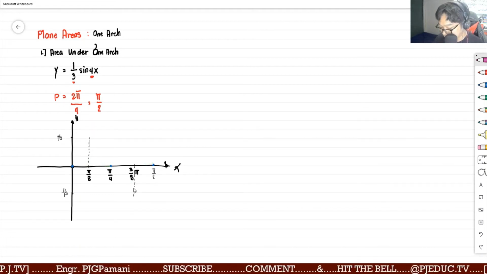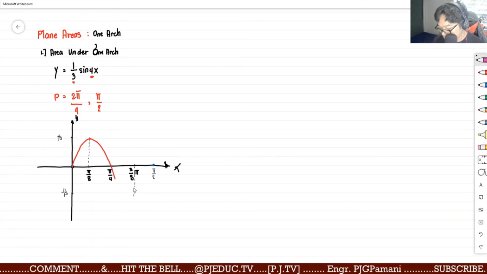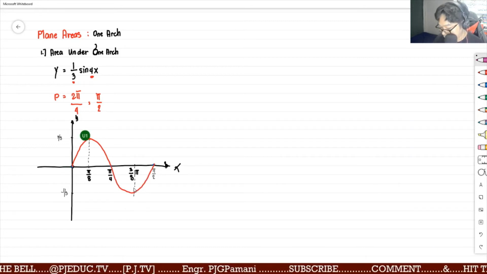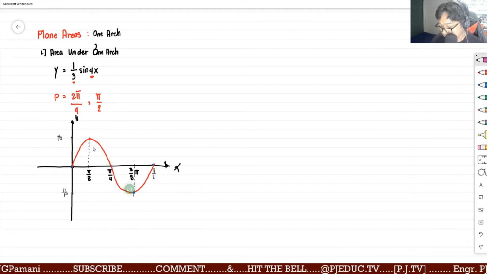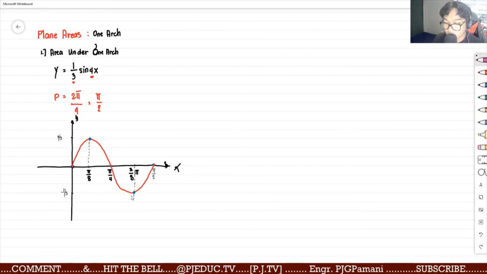Okay? So, that is there, and there. Okay. So, that is now your sine siya na in drawing. Okay? Maximum 1/3, minimum negative 1/3.